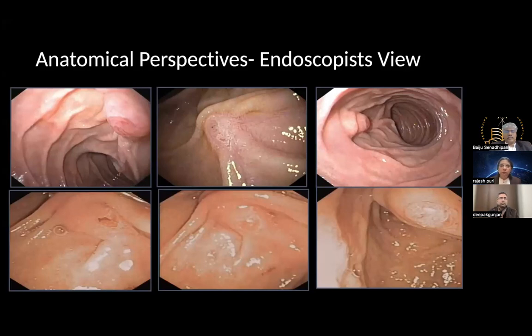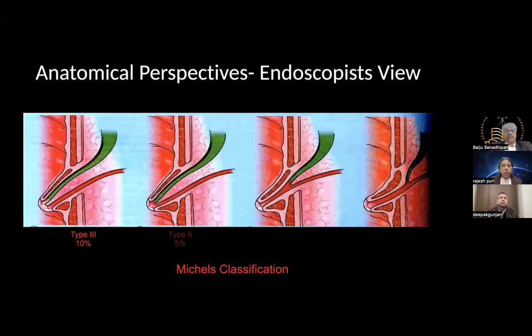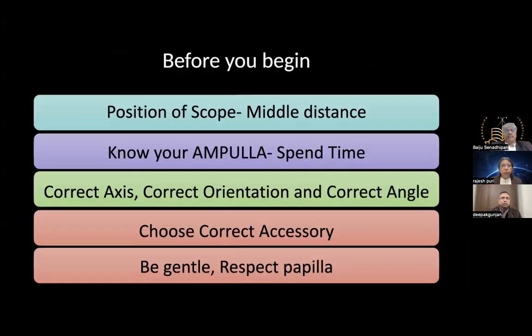You may not be able to focus the papilla and face it in front of your side-viewing endoscope. So if you look at the Michel's classification, the type 1 variety has a common channel of around 1 to 1.5 centimeter, which is the most common. But you don't always find such a position.